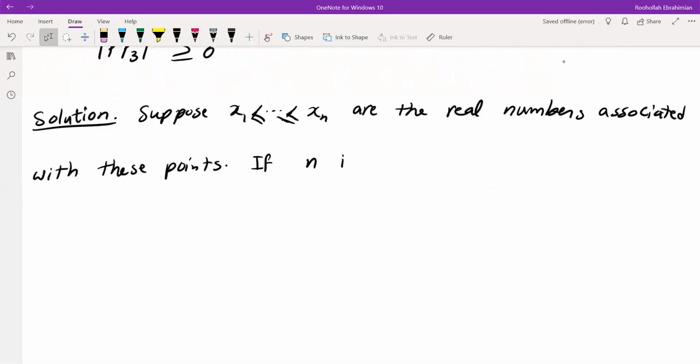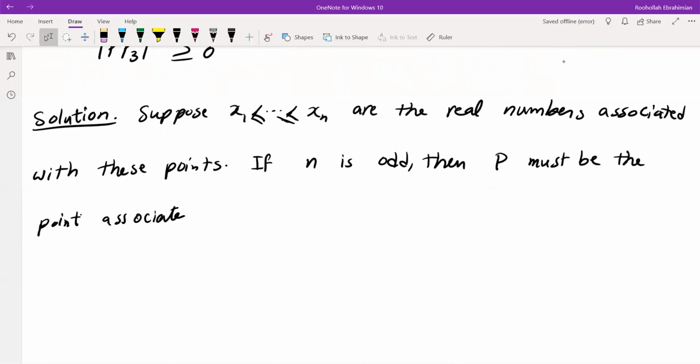If n is odd, then P must be the point associated with x sub (n plus 1) over 2.